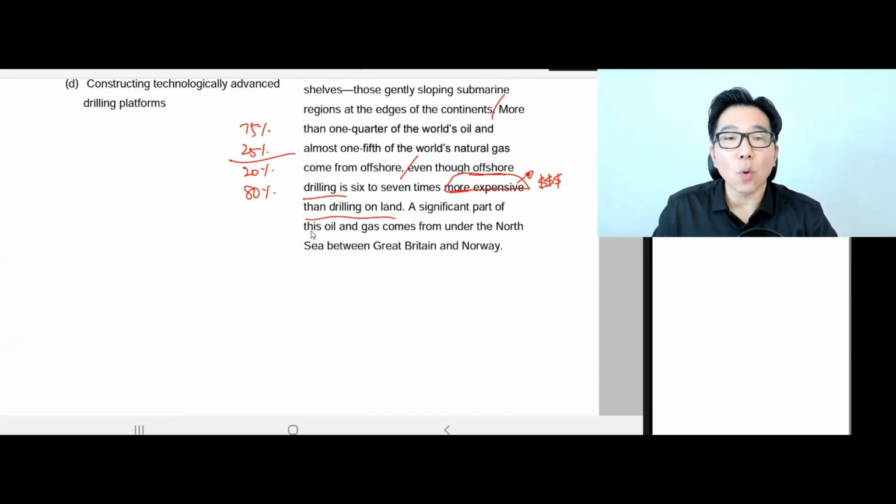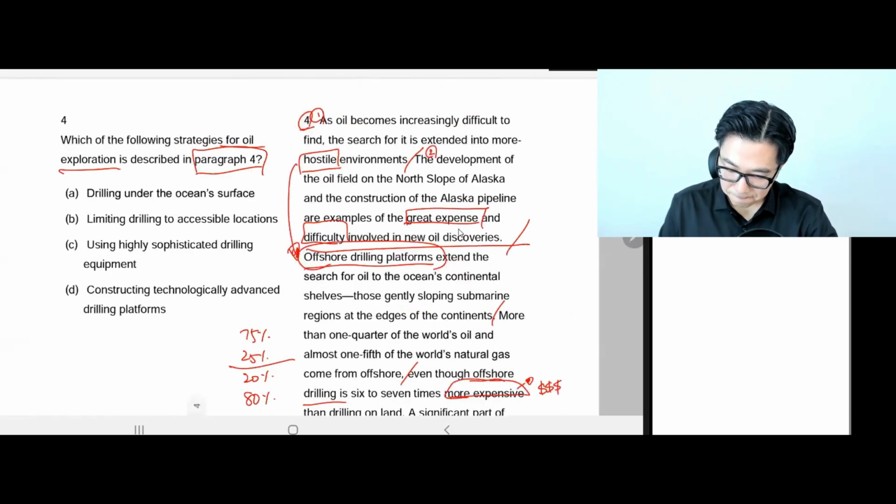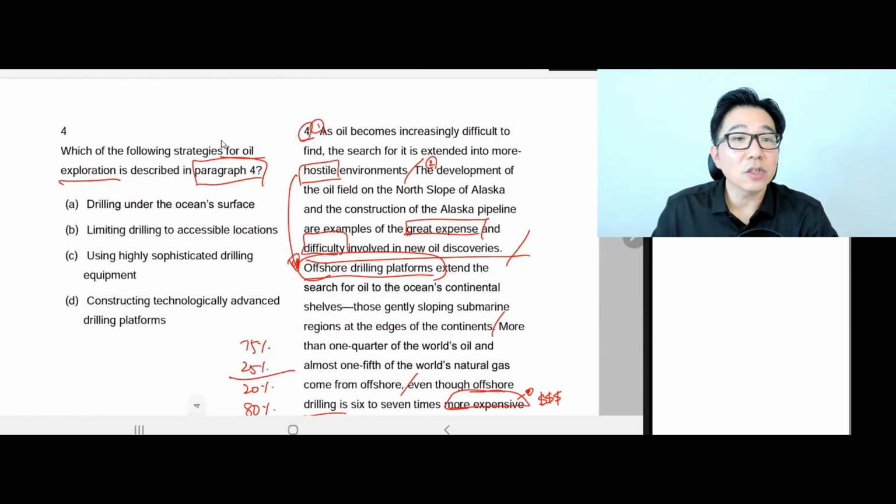A significant part of this oil and gas comes from under the North Sea between Great Britain and Norway. Okay, good to know. All right, which of the following strategies of oil exploration is described? Let's find out. One is explained here. Drilling under the ocean surface. Yeah, offshore.